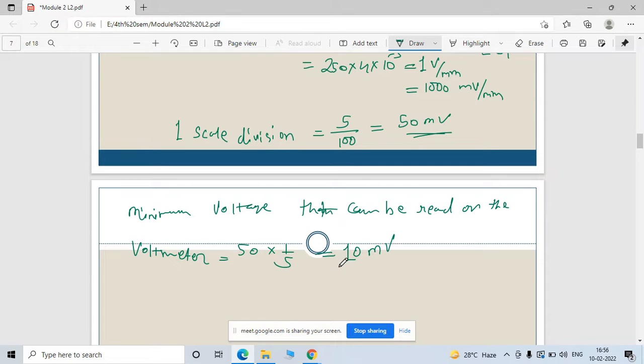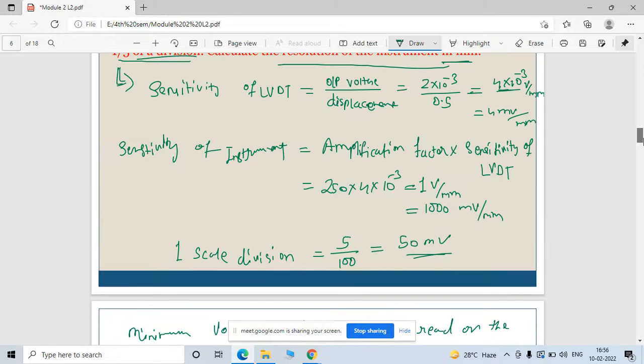Now the resolution of the instrument, how much did you get?